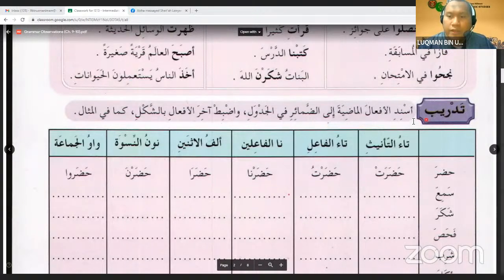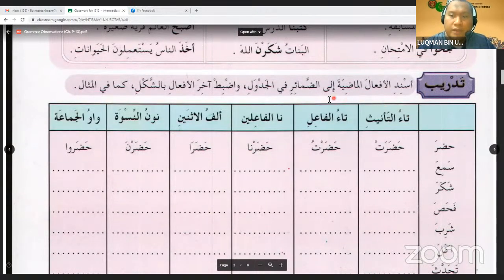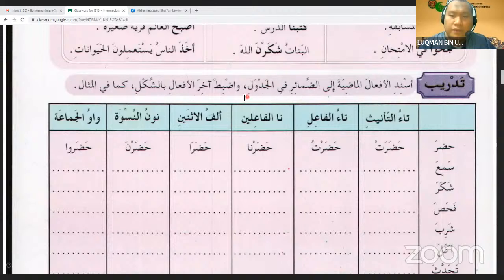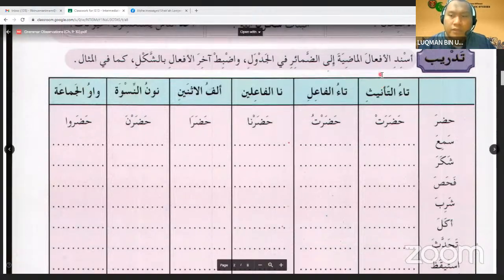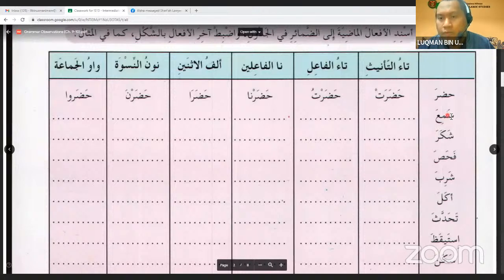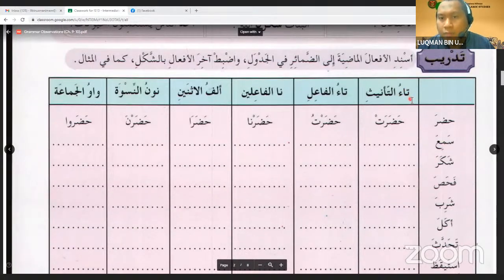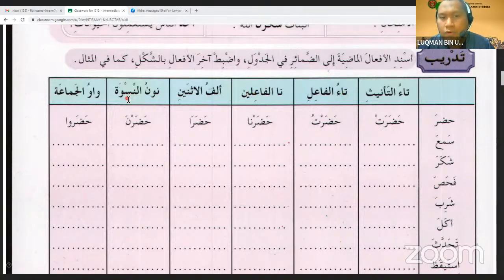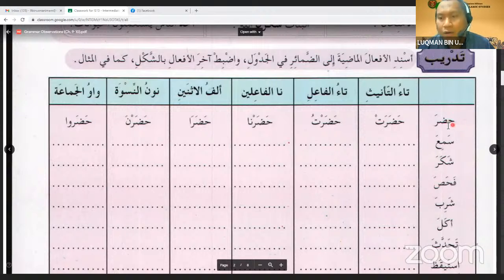Now the exercise here. أسند الأفعال الماضية إلى الضمائر في الجدول واضبط آخر الأفعال بالشكل كما في المثال. So you just attach these verbs in the rightmost column with the attached pronouns here, and you put vowels. Example, hadara.